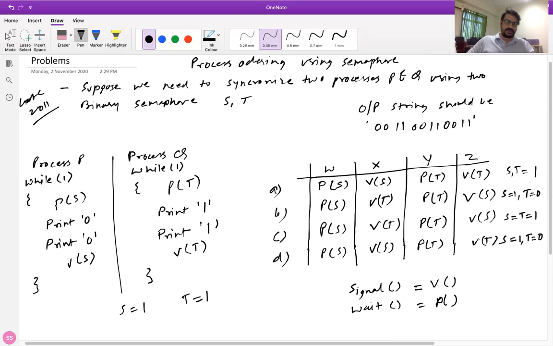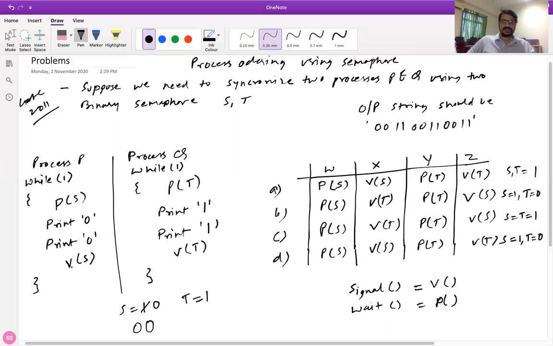Which particular process needs to execute first? P stands for wait. Wait means we have to do minus 1. So the first thing is ps. Here s is 1, so we can do minus 1 because the value of s is greater than 0, and we can go into the critical section. We can print 0 0, and then we can go out.